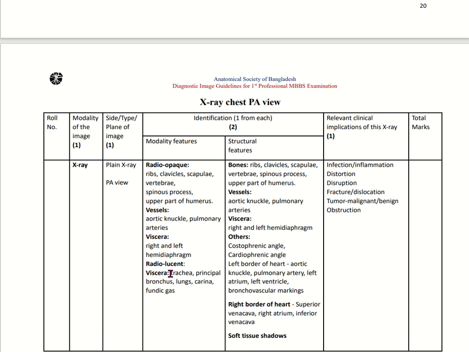And modality features: you see the radio-opaque structures are the bony structures: ribs, clavicle, and there are radiolucent structures also present: the trachea, principal bronchus, lung, carina, fundic gas. So you have to identify any two structures. These are the bones seen within this diagnostic image, these vessels are seen within this viscera.